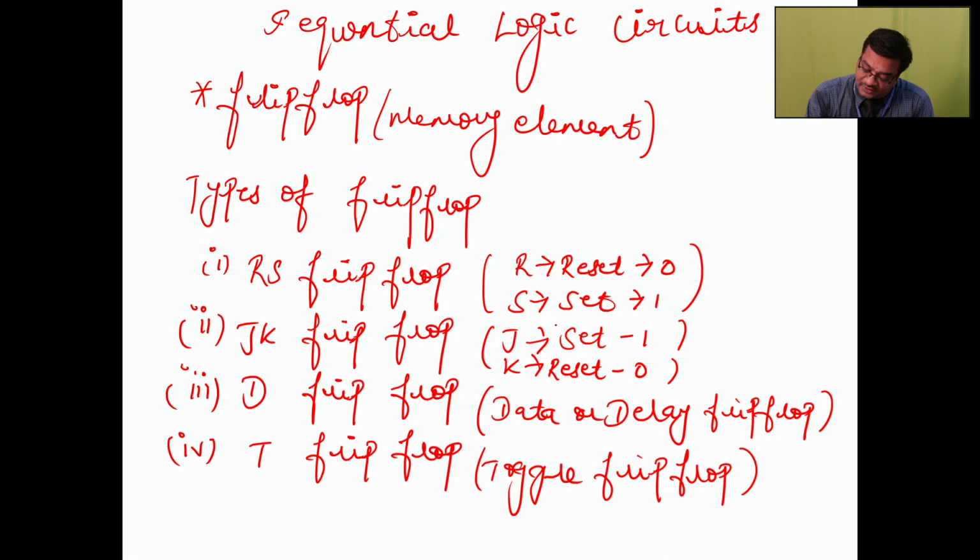S stands for set, that value is 1. Similarly, J stands for set, that value is 1. K stands for reset, that value is 0. D stands for data or delay flip flop. And finally T stands for toggle flip flop. So these are the four familiar types of flip flop.